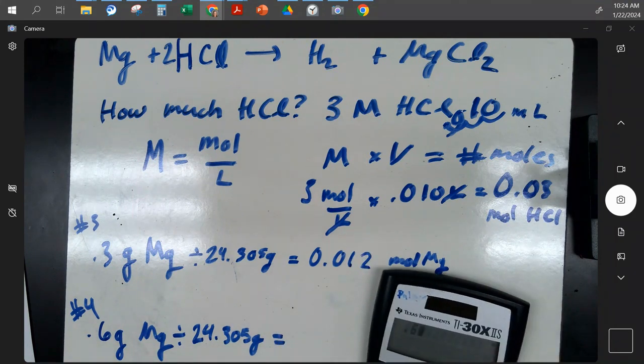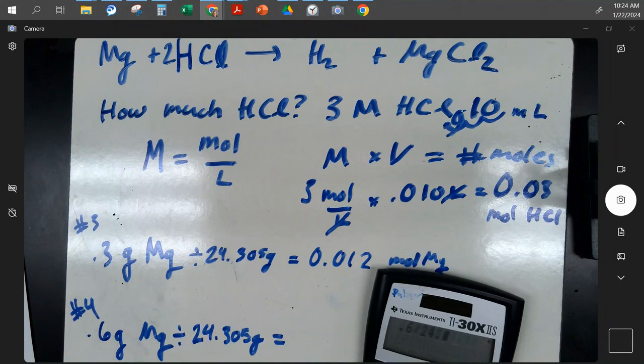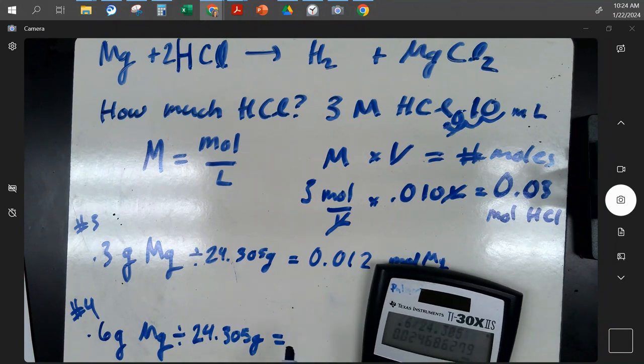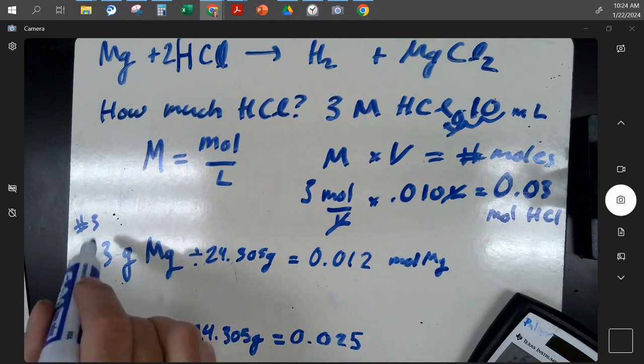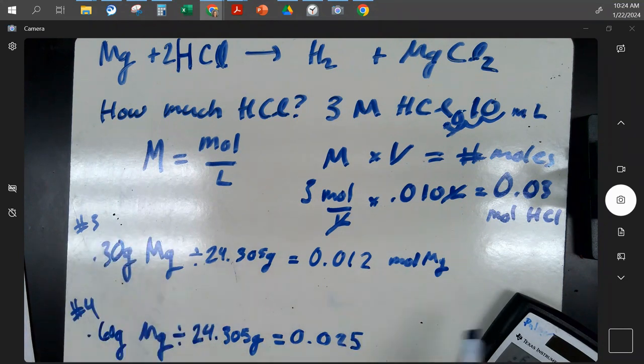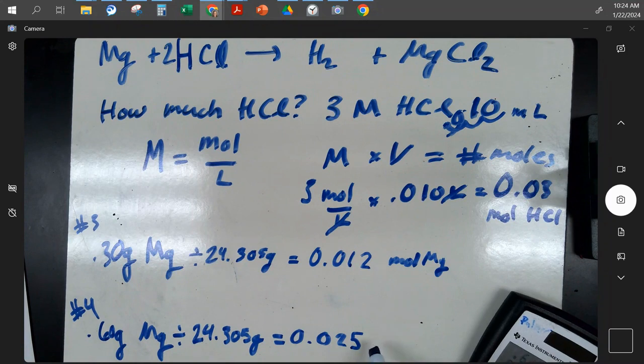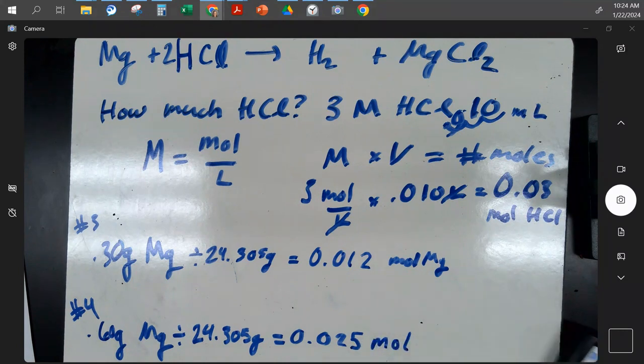So this one's 0.6 divided by 24.305, and that makes sense, it's doubling. Let me round to 2 decimal places. These had 2 decimal places. Yes, yours will be different because you use different values. The process is the same. The trends are the same.